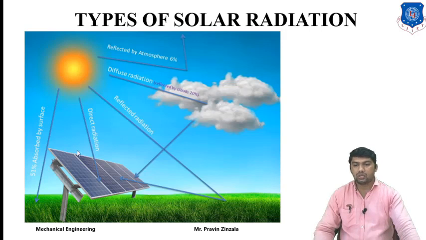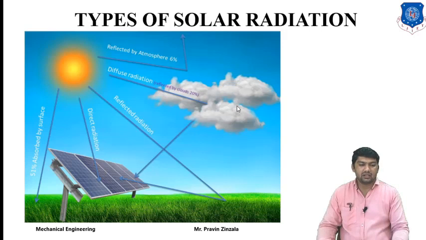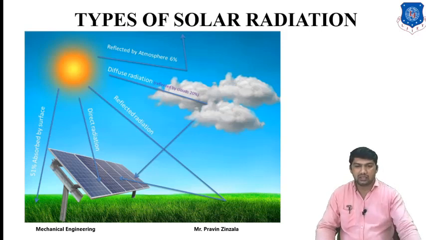Almost 51% of radiation is absorbed by Earth's surface. Near to 6% of radiation is reflected to the atmosphere, and almost 20% becomes diffuse radiation due to atmospheric conditions such as dust particles, dirt particles, and water particles present in the atmosphere.